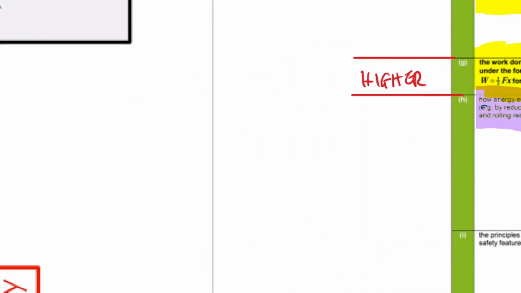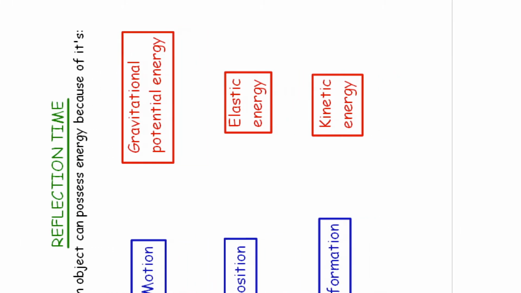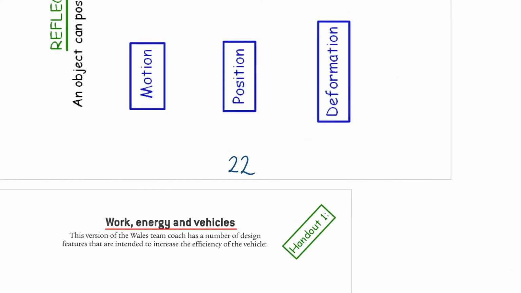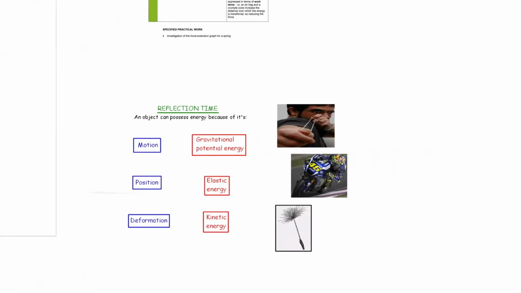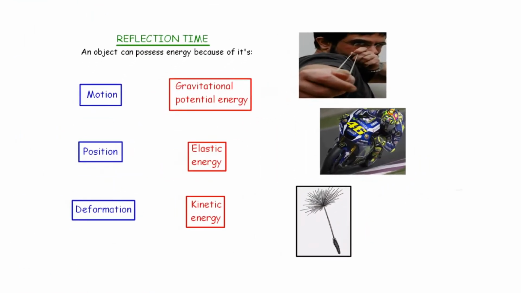So before we make a start, on this first page, page 22, it's asking you to do a bit of prior learning, reflection time, reflect on what we've already learned.